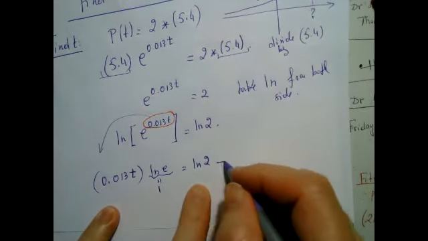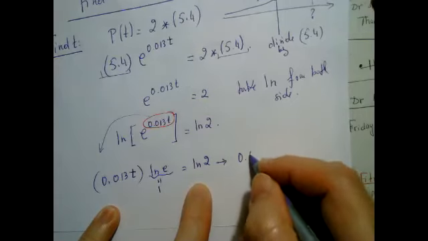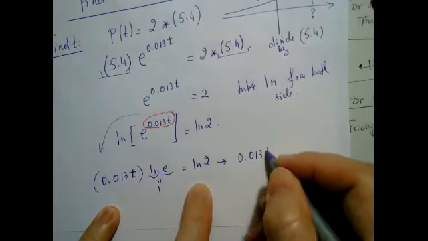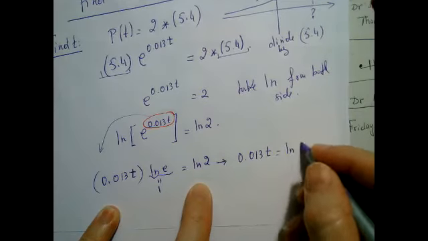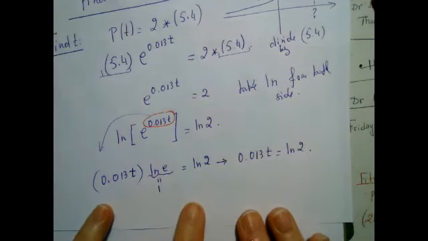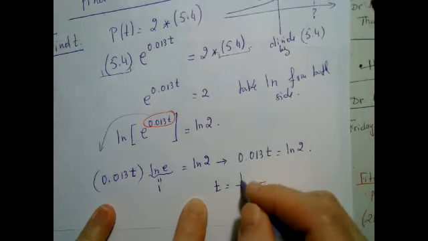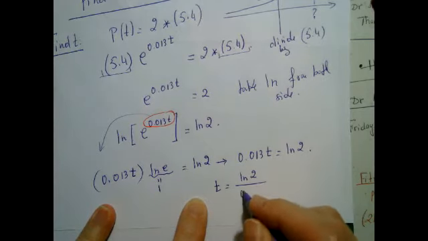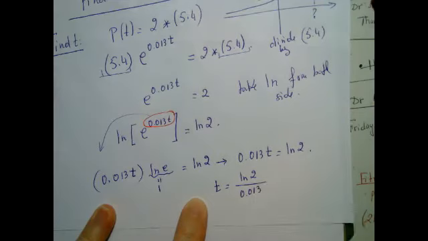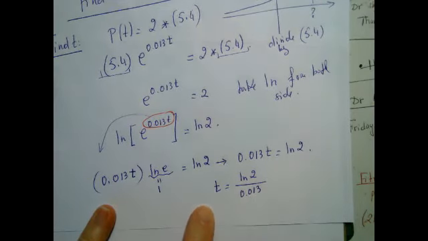So it's going to give me that 0.013t equal the ln of 2. Now I find the t. ln of 2 divided by 0.013 gives the doubling time.